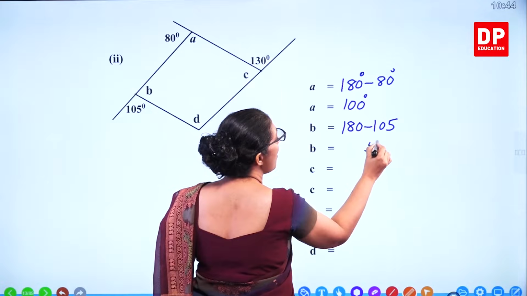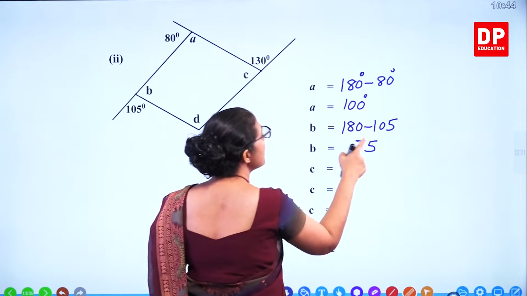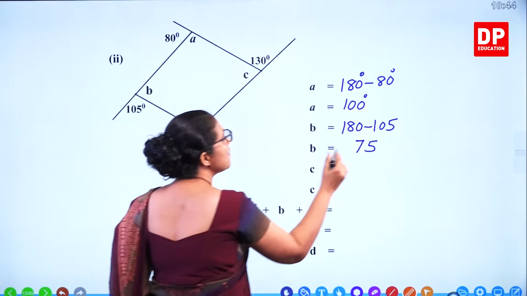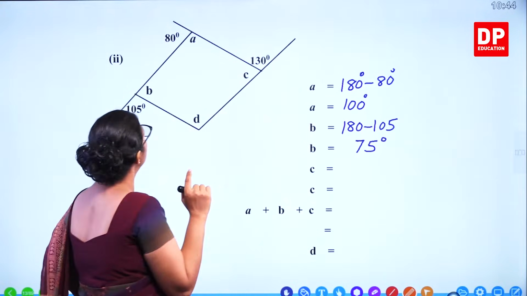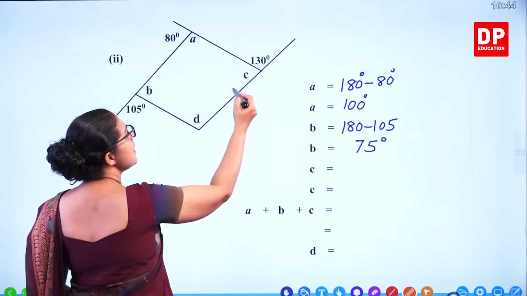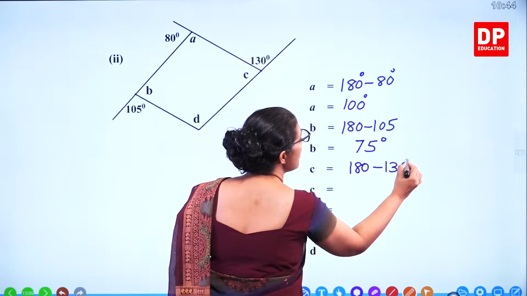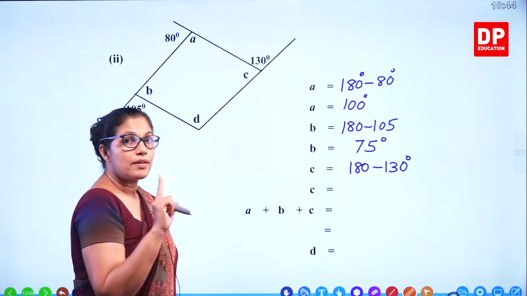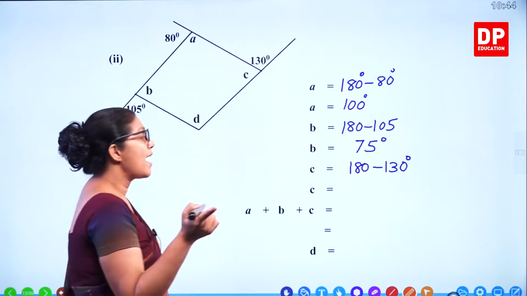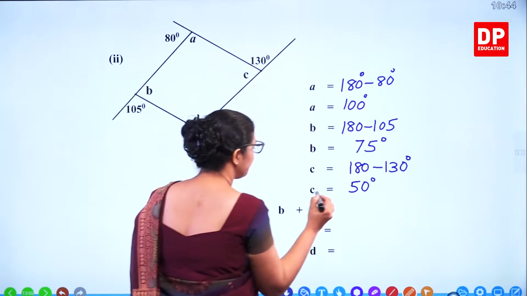So 75 degrees is B. How do you find C? C is 180 minus 130, because we know the interior angle and exterior angle add up to 180. So you get 50 degrees.